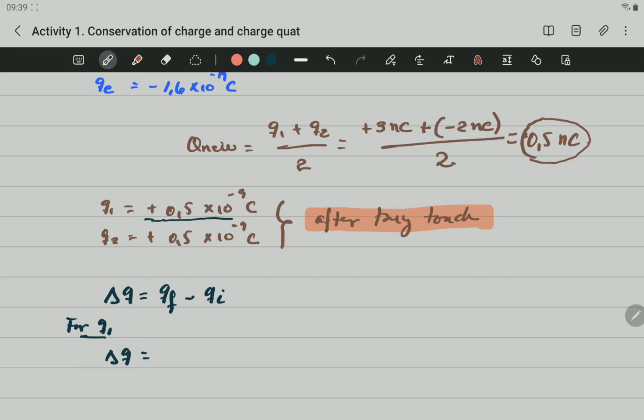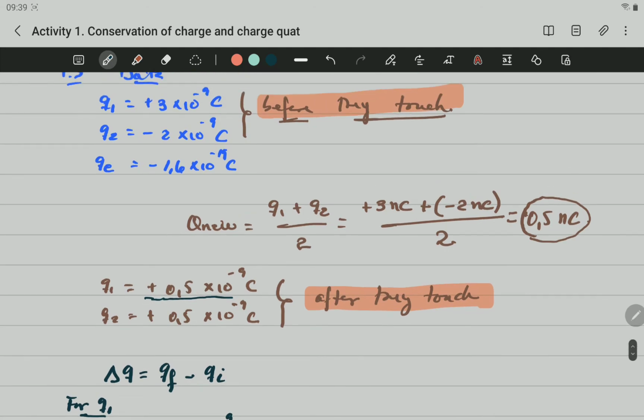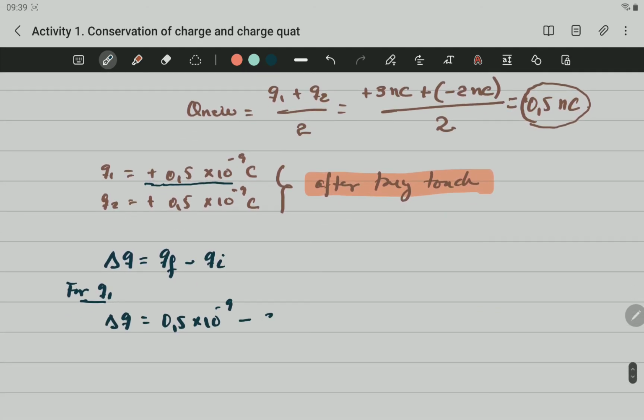Here it is 0.5 times 10 to the minus 9, and then minus the initial Q1, which is a positive 3. So minus 3 times 10 to the minus 9 coulomb. And this is going to be equal to negative 2.5 times 10 to the minus 9 coulomb.